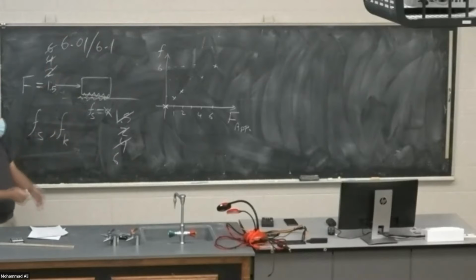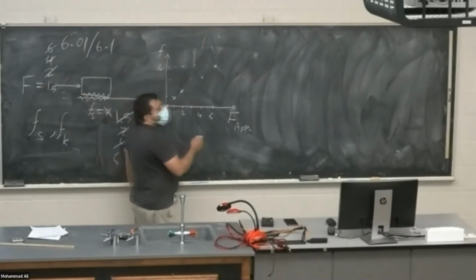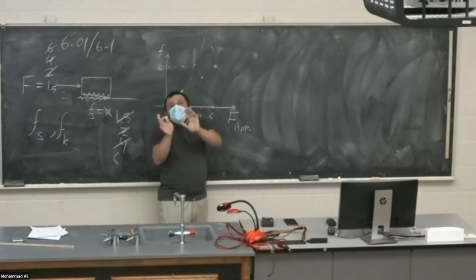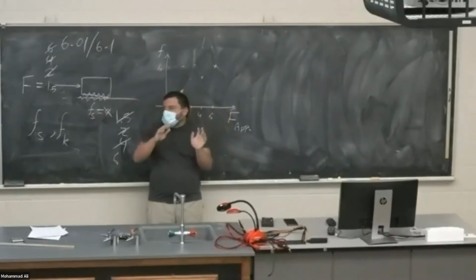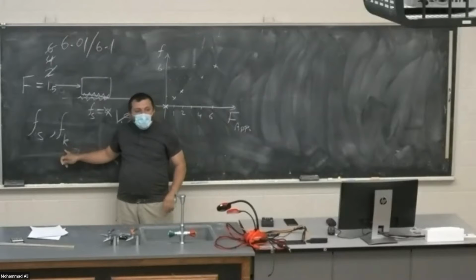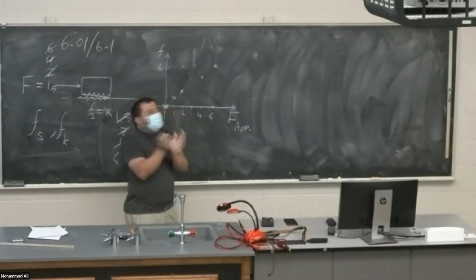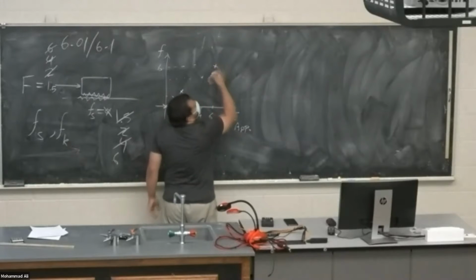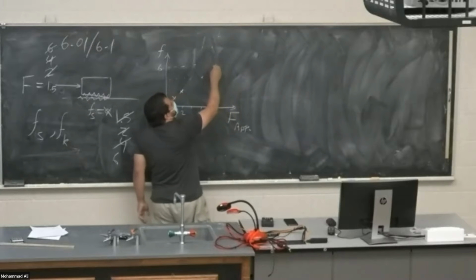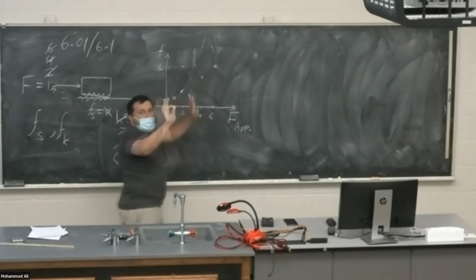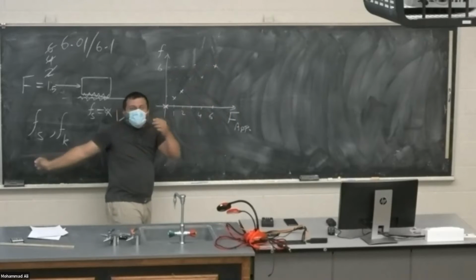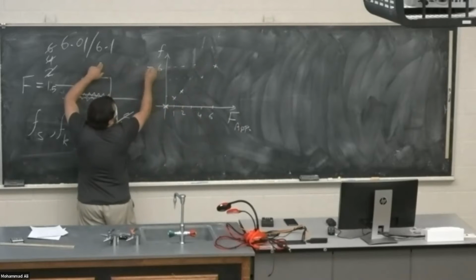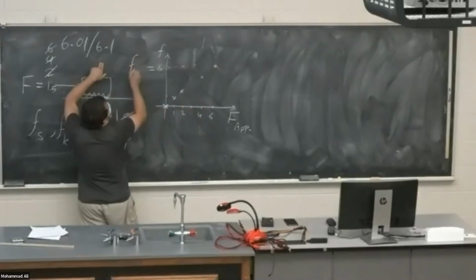The object will start moving. And I have another frictional force, which is Fk, F kinetic. And this F kinetic will be smaller than the maximum. I have a maximum static frictional force, this is 6, for example, Fs max.